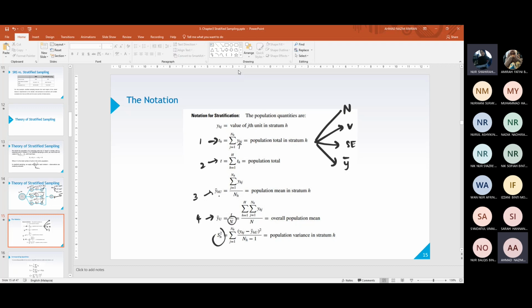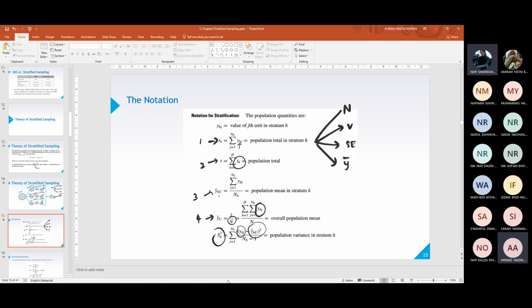The same goes for the variance. You can calculate the variance of each stratum by using the formula. Don't worry about the formula because it will be given in your final assessment. But what you need to know are the notations here. What is YHJ, what is TH, and what is Y bar H?